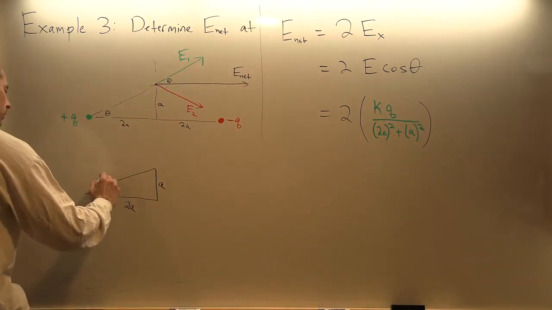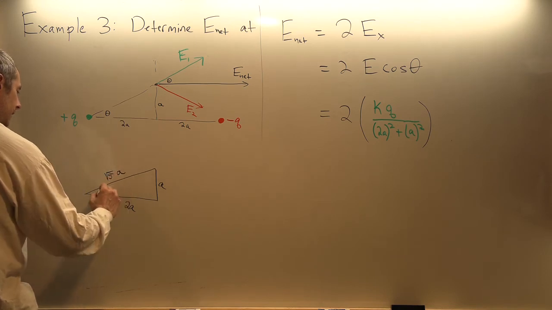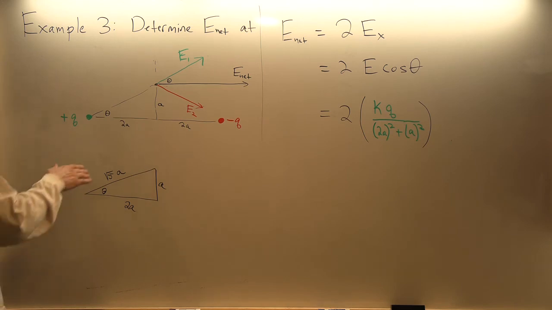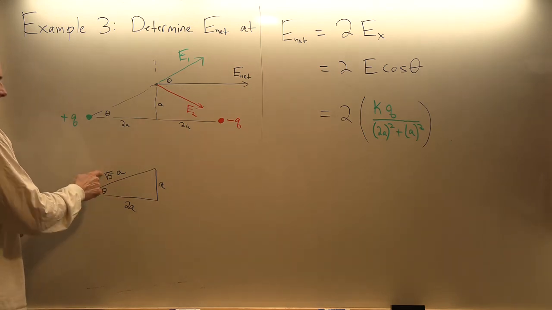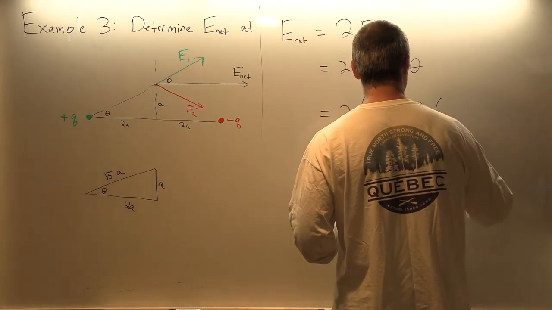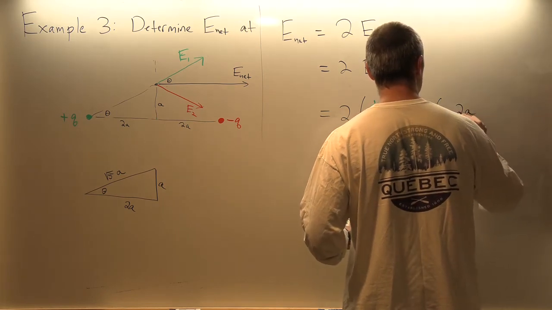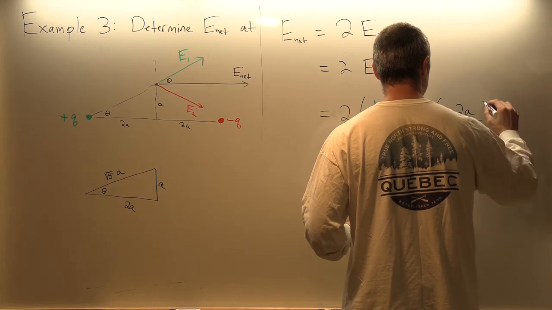Take the square root of that, and the hypotenuse is radical 5a. So the cosine of that triangle is the adjacent side over the hypotenuse, which is radical 5a.